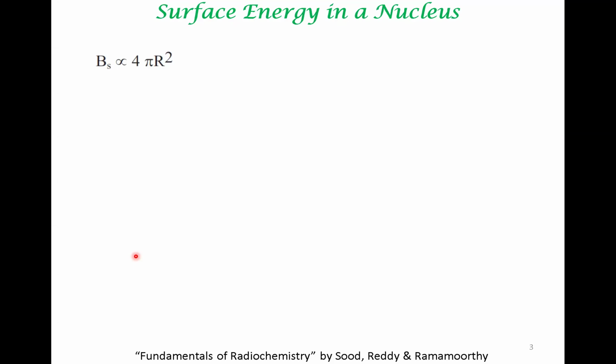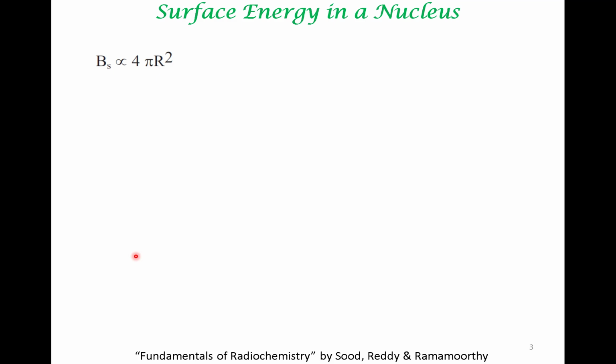So we had imagined the nucleus to be a condensed nuclear matter. If you have a condensed matter, let's say what you're most aware of is the solid and a liquid, the condensed matter has a surface energy. This is in contrast to a gas, right?